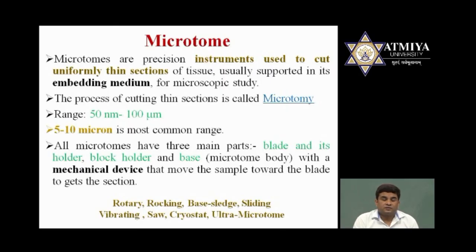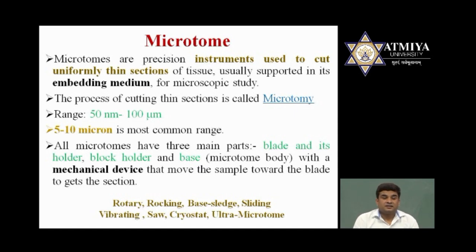Whatever microtome you are using, it has three main parts. First, the blade holder and the blade itself. Next, the sample holder. And third, the main body of the microtome, which provides the mechanical device for the sample holder to bring the sample towards the blade and get the sections.